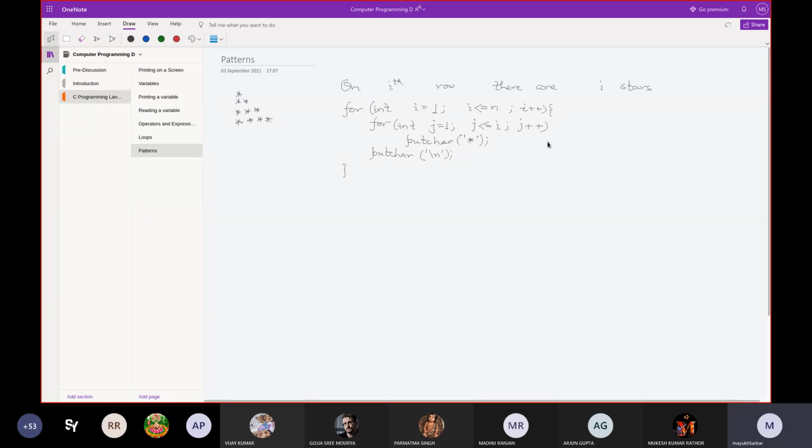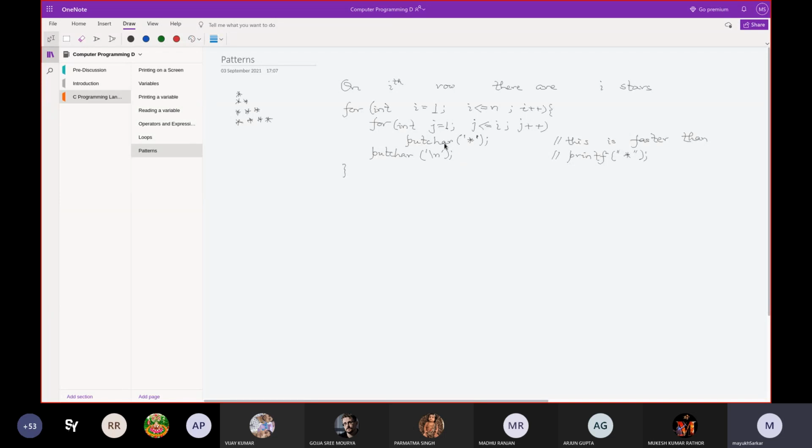This is faster than printf. Obviously printf would also do the same job, but printf takes a string as input, that's why double quotes are there. But putchar takes a character as input, so two single quotes are around it.